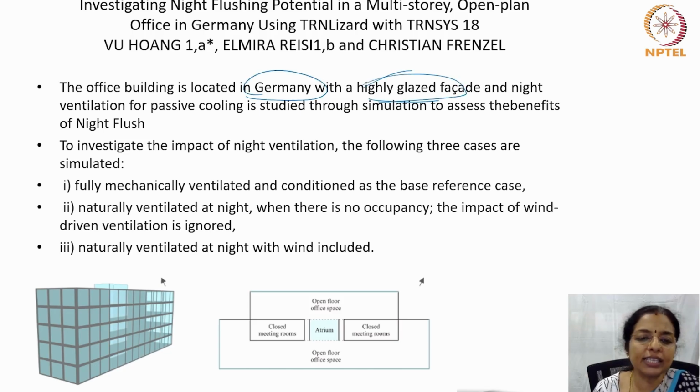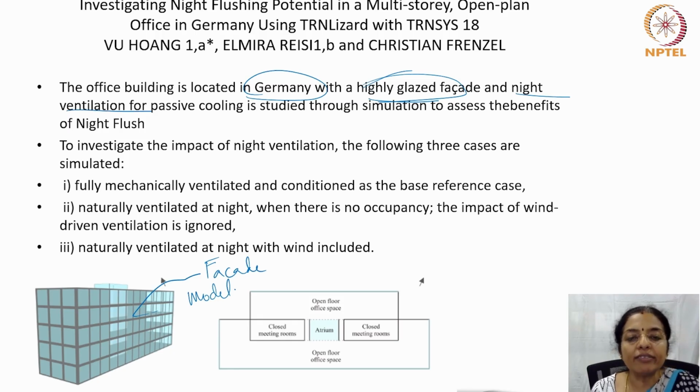So this is the facade or the model of the building, on which analysis was done for night ventilation for passive cooling through simulation to assess the benefits of night flush.